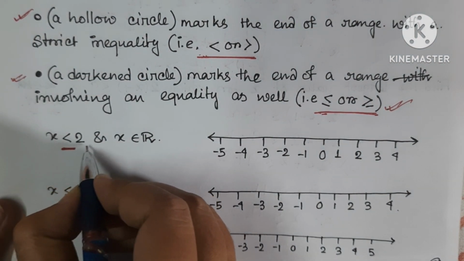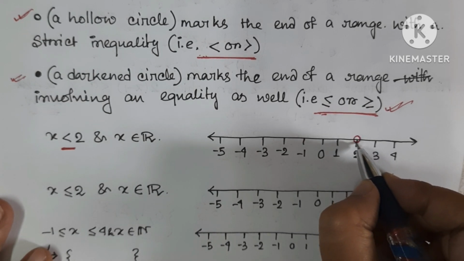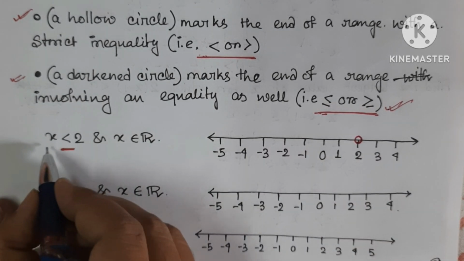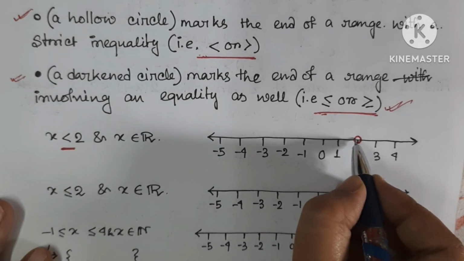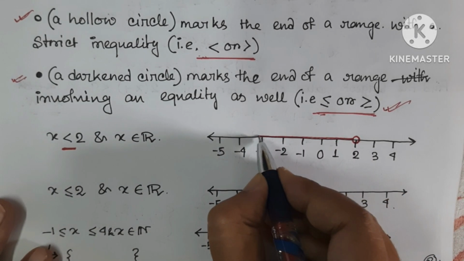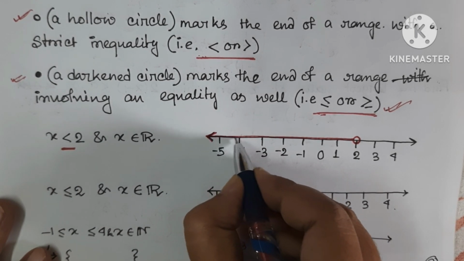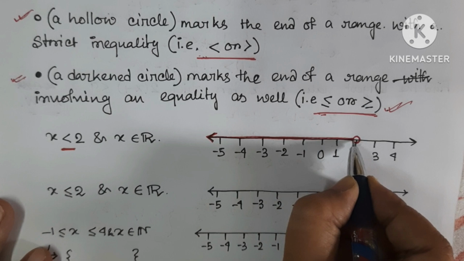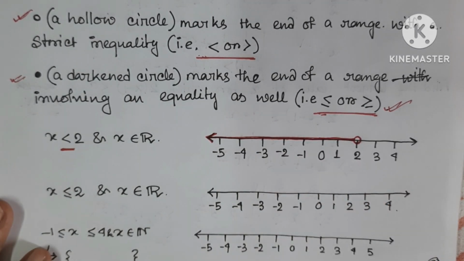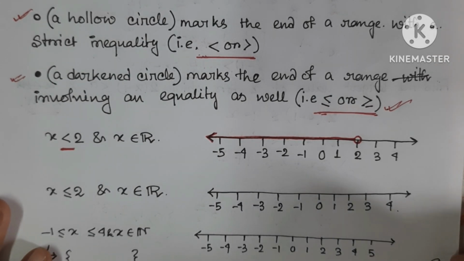So at the 2 position you have to mark this hollow circle, and x is less than this one. In this way you have to mark the entire thing, and this will be the solution. Okay. Now next one.